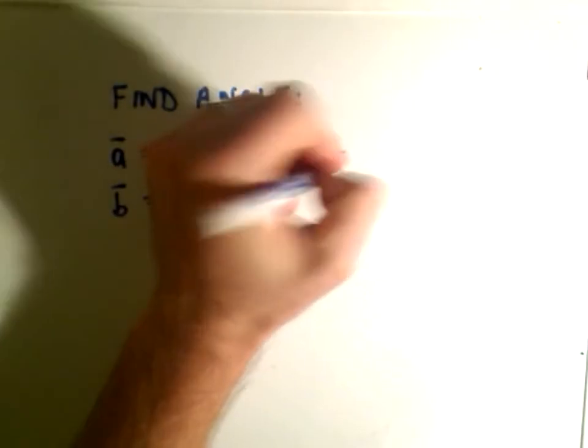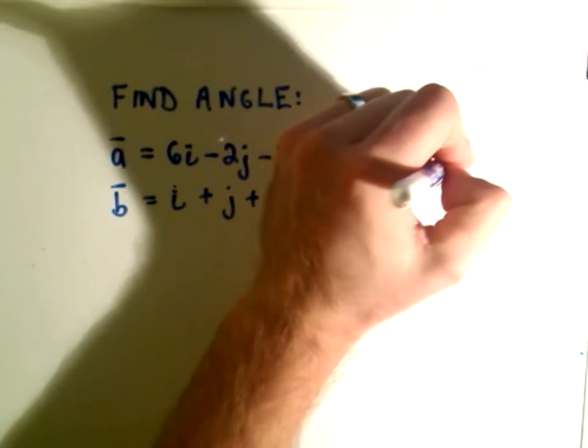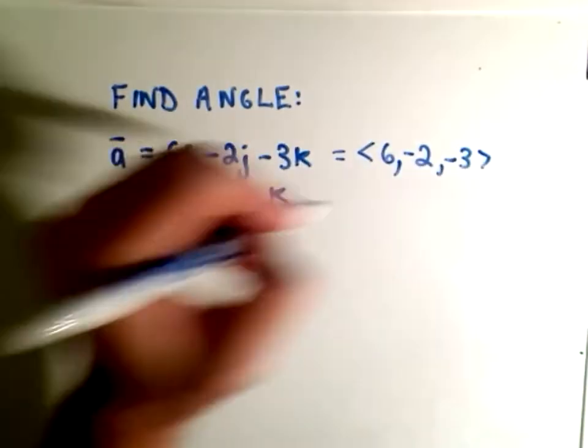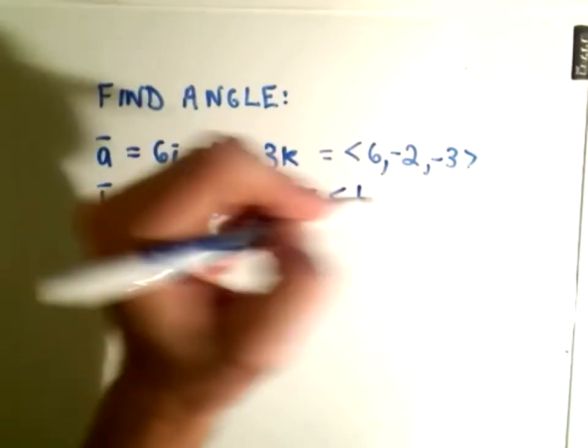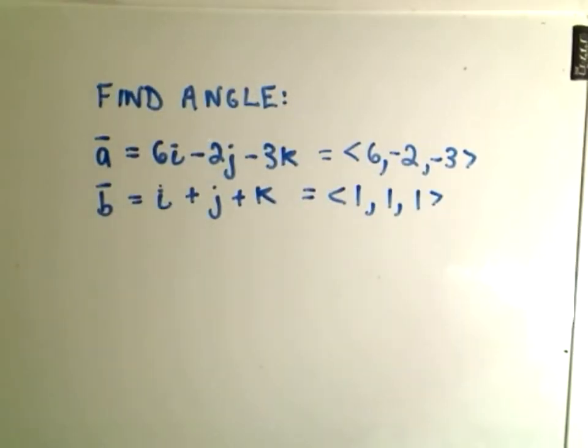So again, I can rewrite this as 6, -2, -3. And then my other vector will be 1, 1, 1. So maybe not the most exciting other vector here, but it keeps the arithmetic easy.